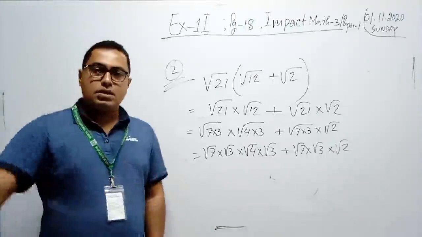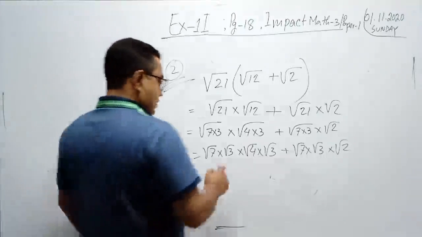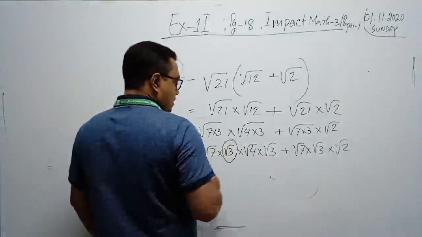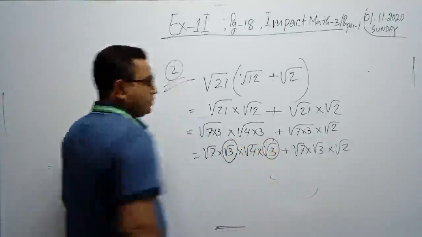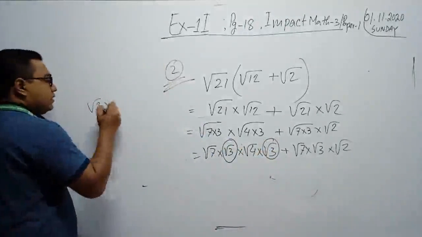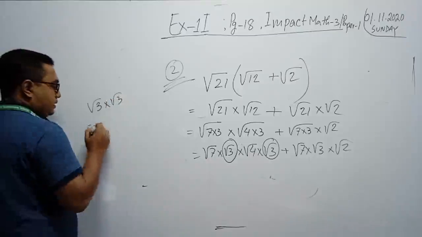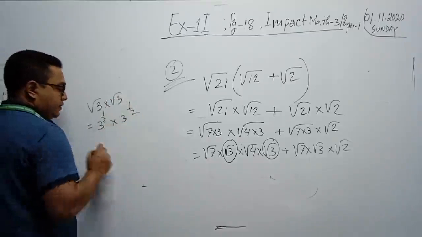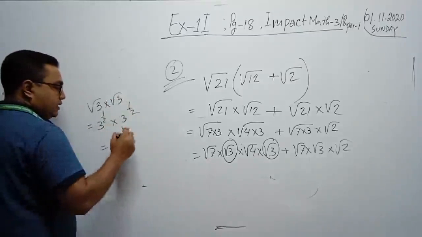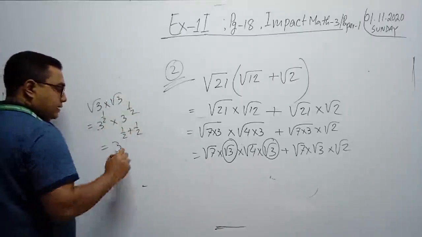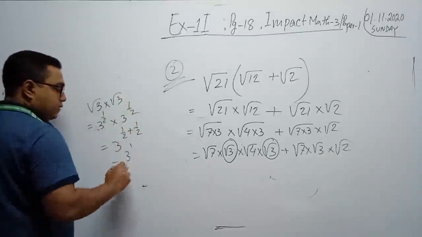Look, square root of 3 into square root of 3. So 3 to the power of half, here 3 to the power of half. We know powers will be added, so half plus half is 1, that means 3.